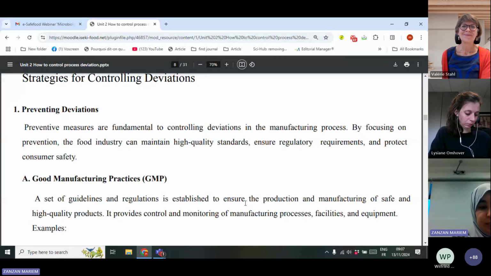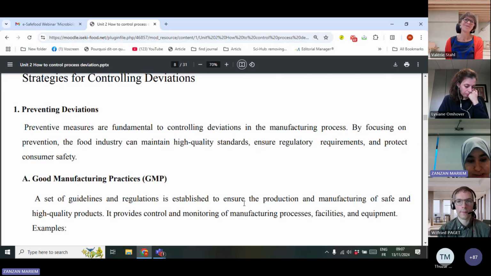As an example of preventing deviation, we can use good manufacturing practice, which is a set of guidelines and regulations established to ensure the production and manufacturing of safe and high quality products.